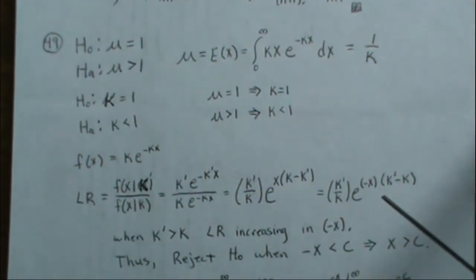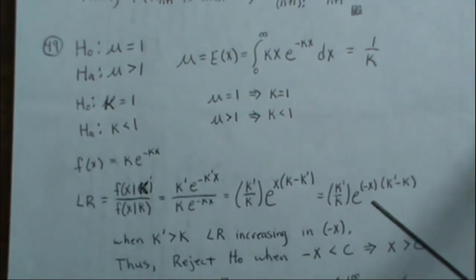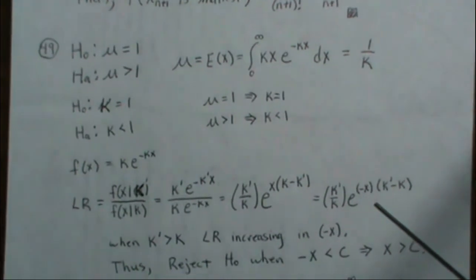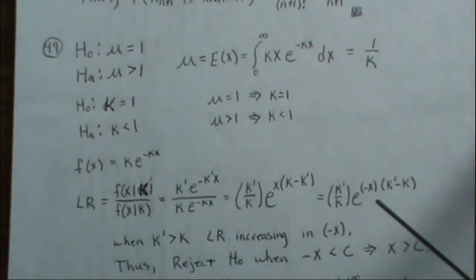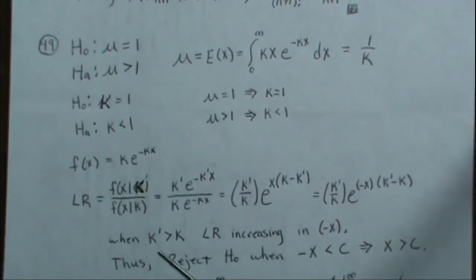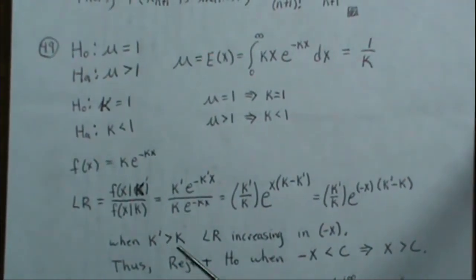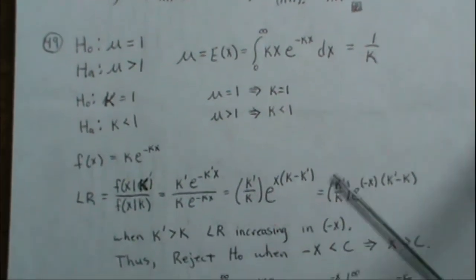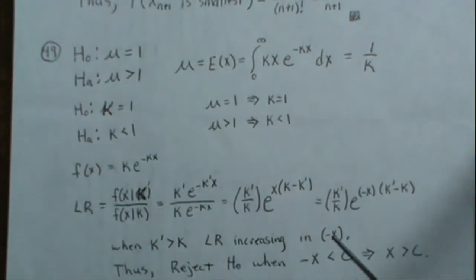Now the reason I'm doing this, there's a theorem that says if this is a monotone likelihood ratio, then the test statistic becomes very easy. And so if, assuming k prime is greater than k, then this is an increasing function in negative x, okay?